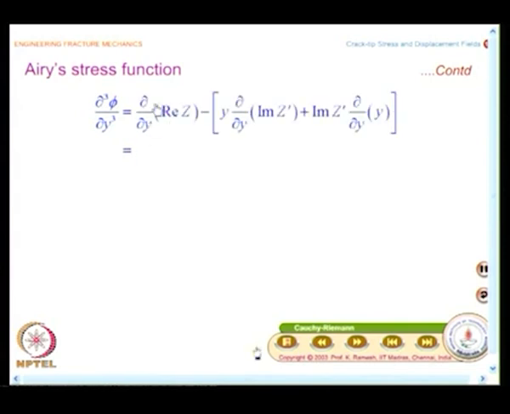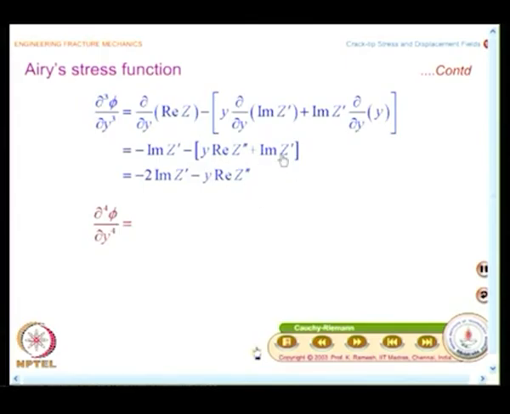So, that is ∂/∂y of the real part of z, minus y into ∂/∂y of the imaginary part of z prime, plus the imaginary part of z prime ∂y/∂y. So, when you simplify you get an expression like this: minus the imaginary part of z prime, minus y real part of z double prime, plus the imaginary part of z prime.